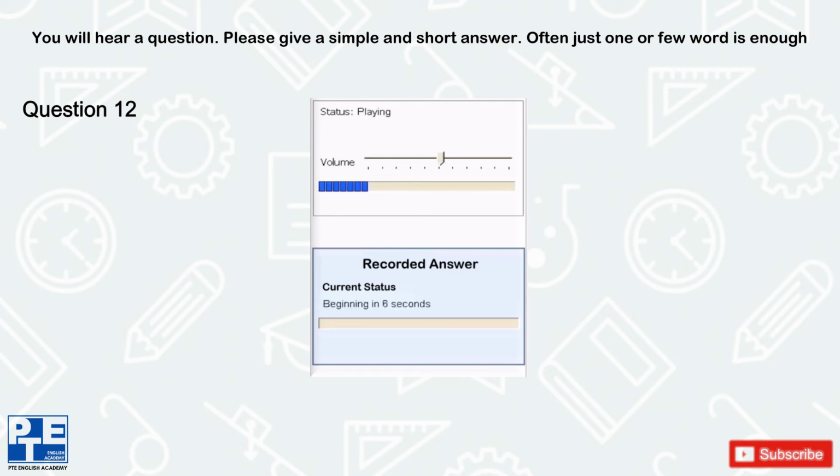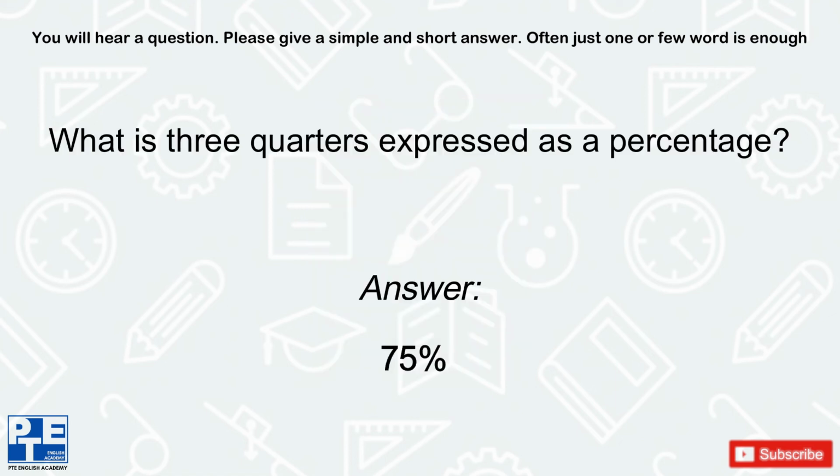What is 3/4 expressed as a percentage? Answer: 75%.